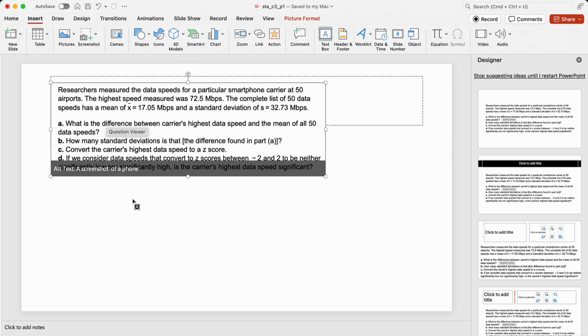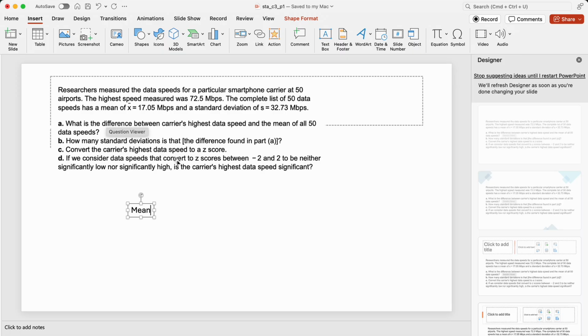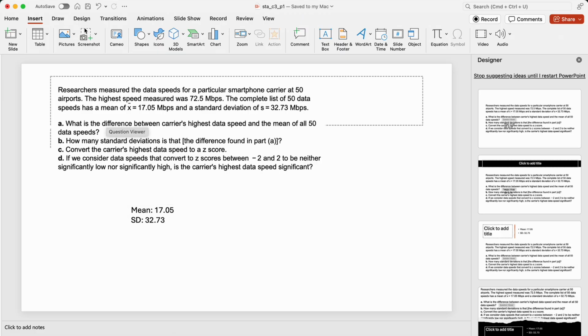All right. So for this equation, sorry it has that question viewer there. Let's see here. We have a mean of 17.05. Notice it's using x bar this time, but that's fine. Standard deviation is 32.73. And then they say, hey, look at this data value.